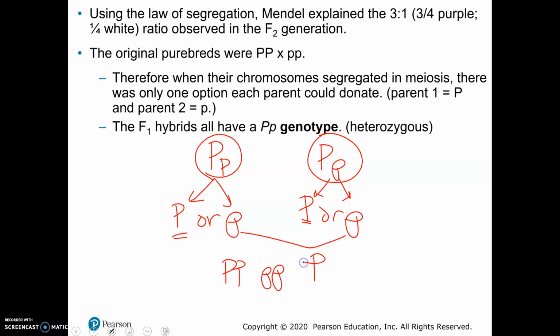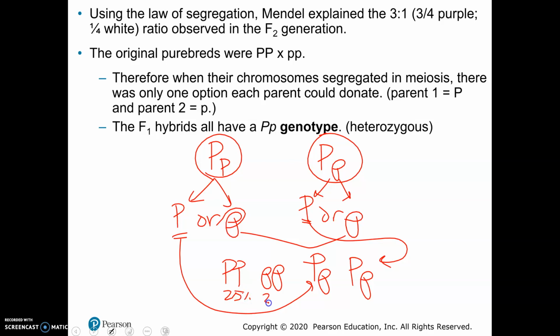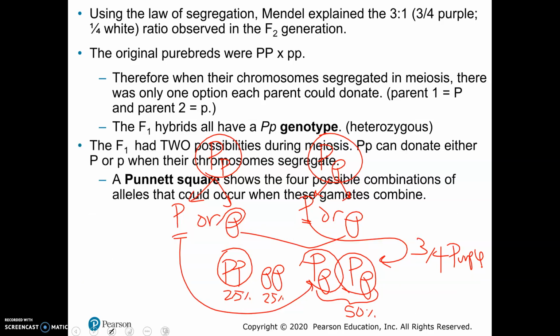Or we could get big P from this parent and little p from the other parent. Or we could get big P from this parent, and you always write the capital letter first, by the way, and little p from this parent. So you get basically 25% chance of getting this, a 25% chance of getting this, and actually a 50% chance of getting this. And what would these look like? Well, purple, purple, purple. Hey, look at that. 3/4 would be purple. Now there's a way better way to do this, and that's with a Punnett square, which is what we're going to talk about tomorrow, using a Punnett square.